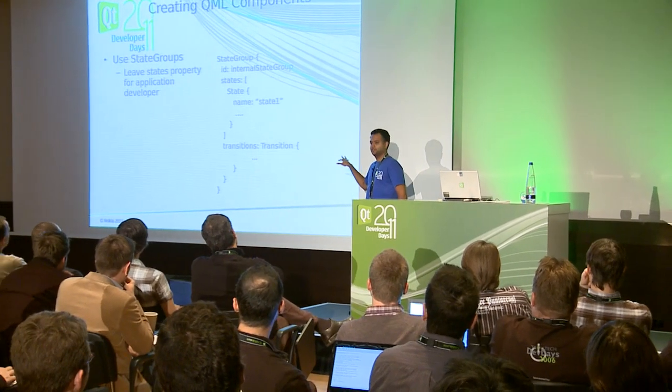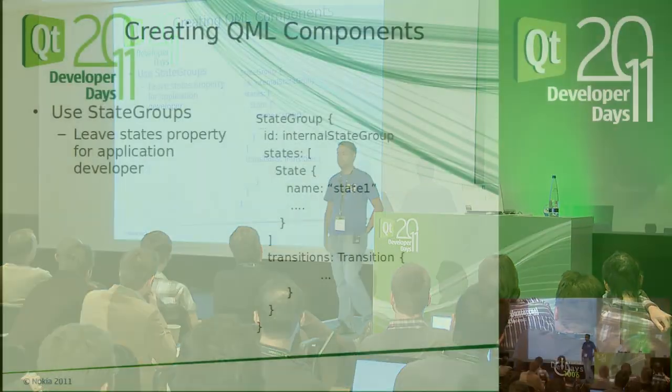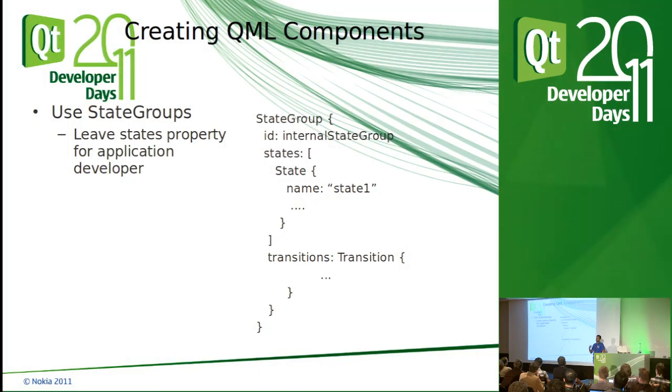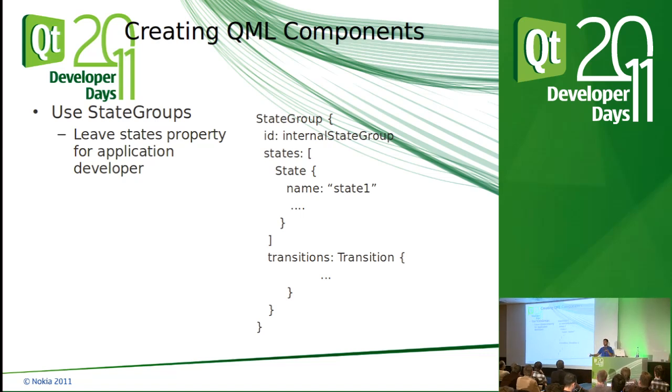This advice is again specific to components. When you design components, so let's say you're designing your own button, Button.qml, it has a specific set of states and transitions. But this is supposed to be a component, and imagine the user of this button. He wants his own states and transitions, right? As soon as he sets the states and transitions property in button, all the underlying implementation states and transitions of the underlying button are going to get overridden, right?